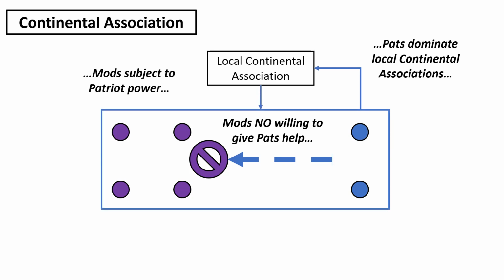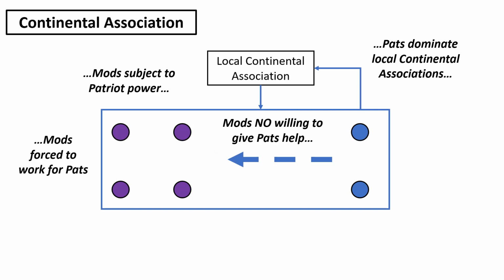And because the association had a mandate to supervise the boycott and stop any colonist from using British goods, this gave the local associations immense power over public behavior and private life. In short, the Patriots, through the associations, now enjoyed unprecedented power over the colonists living in the 13 colonies.